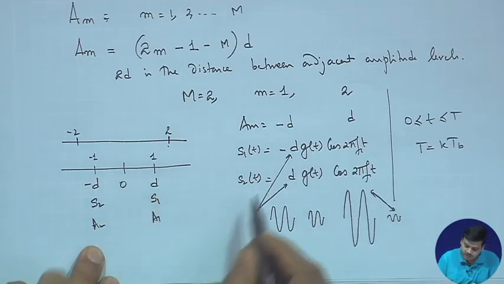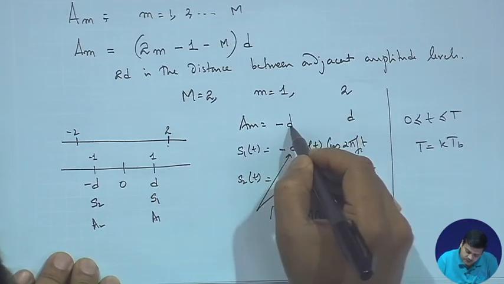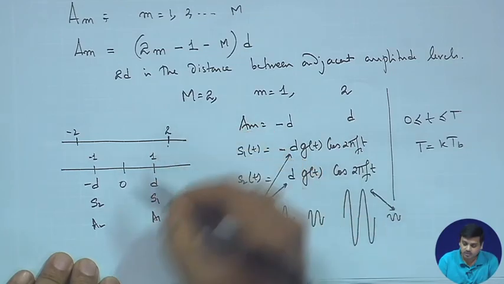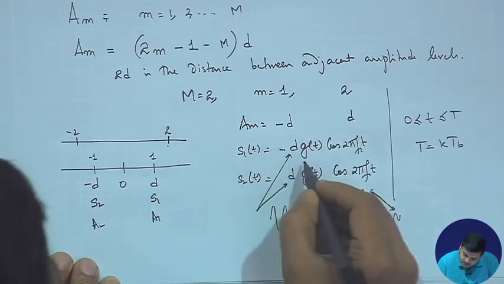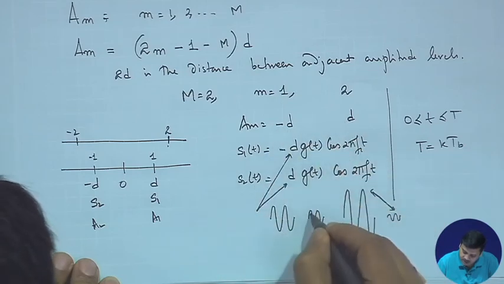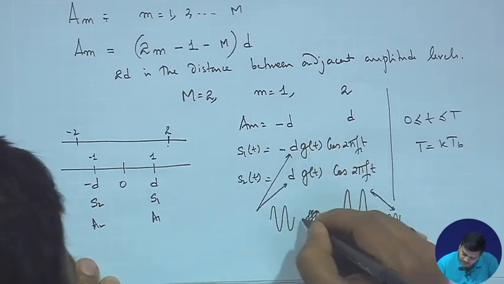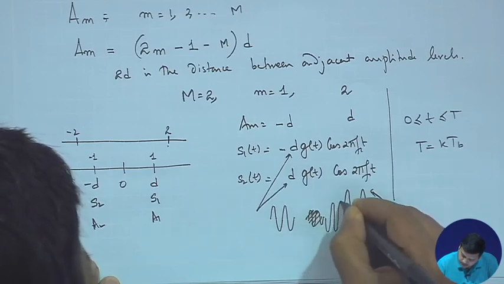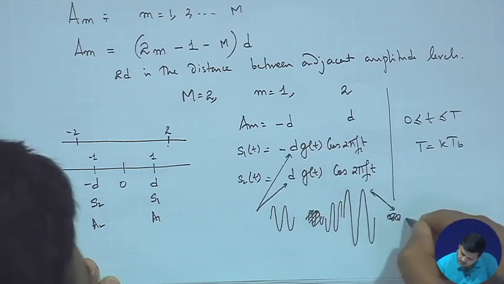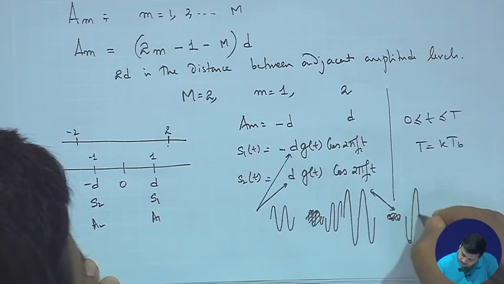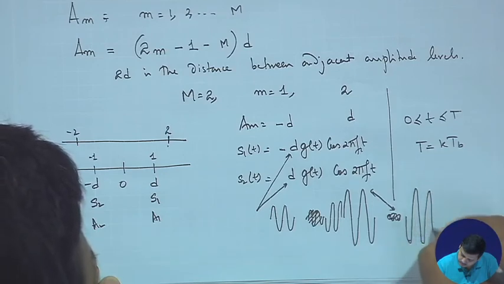So, effectively, by suitable choice of d, you could have different waveforms. In this particular case, these are distinct simply by virtue of the phase, d and minus d. So, here you have a waveform like this, and a waveform like this.